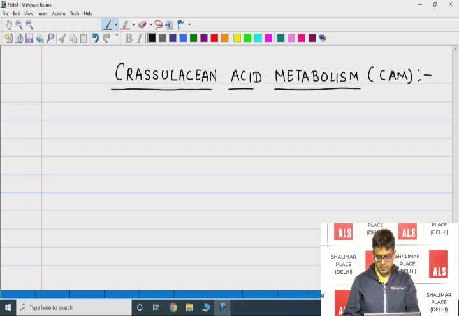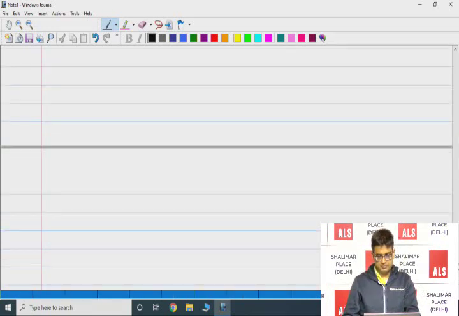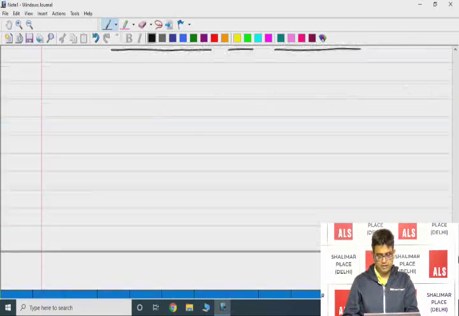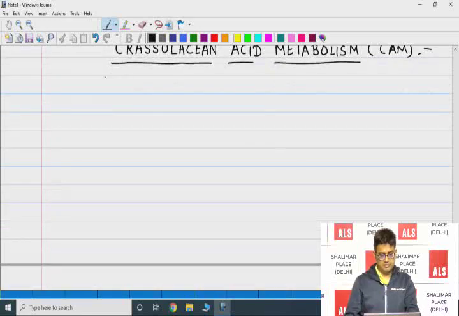So this is basically two types of processes: what happens during the day, what happens during the night. So let's write it down.